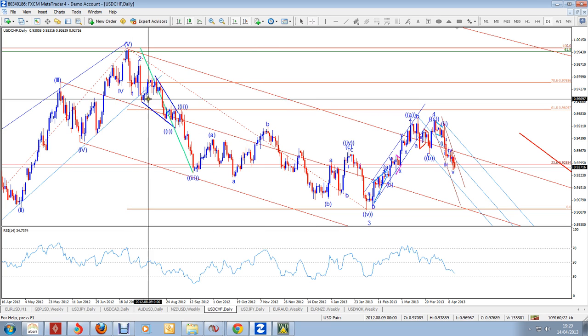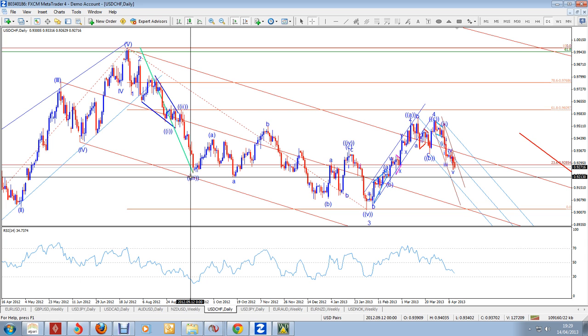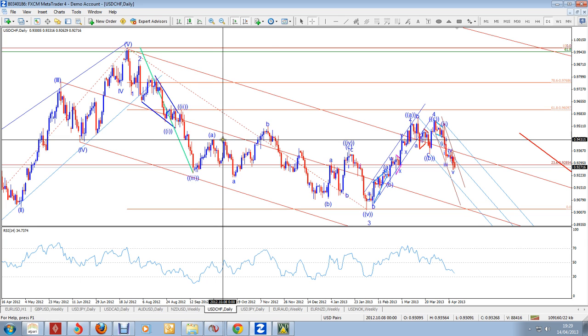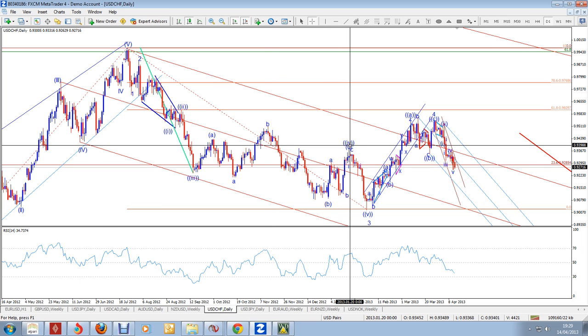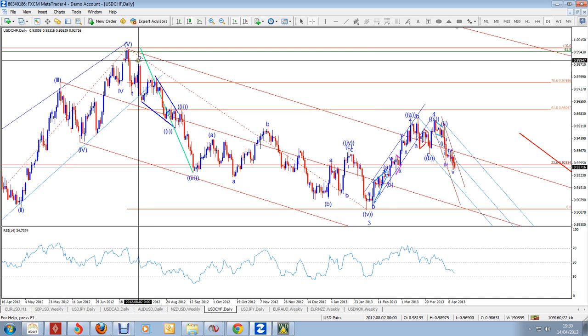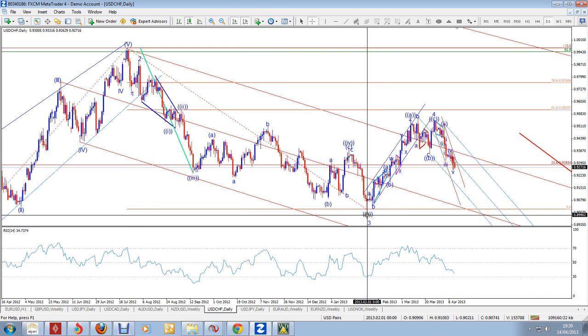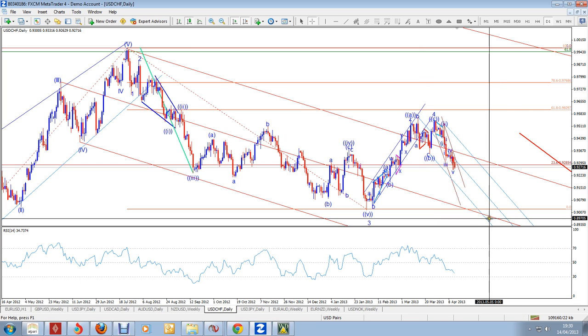To go 1, 2, then go 1 in bracket, 2 in bracket in Roman numerals, 3 in bracket, wave A, B, C, wave B, and back up there. So that's a wave 4, and then this one is wave 5. So that completes 1, 2, 3, and I believe that this retracement is a wave 4, and we've now started our impulsive leg to the downside.